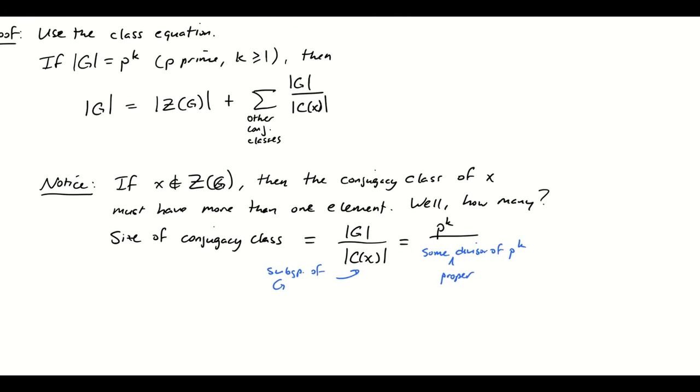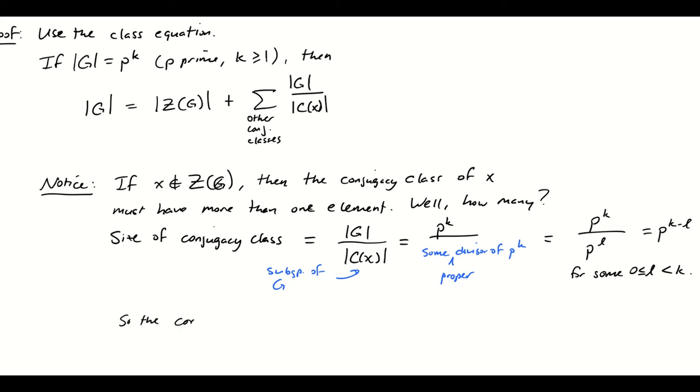So simplifying this just a little bit, what that means is that the size of the conjugacy class containing x has to be p to the k divided by p to the l for some integer l that is at least 0, but definitely less than k, because if it were equal to k, that would mean that x is centralized by everything and belongs to the center. So what does that mean? Well, that means that my conjugacy class is going to have p to the k minus l elements.